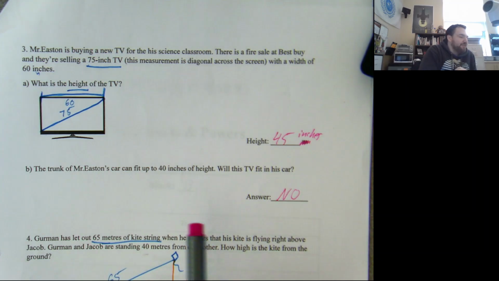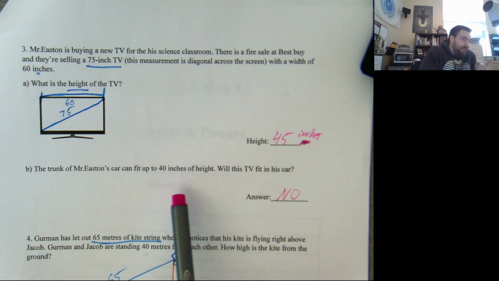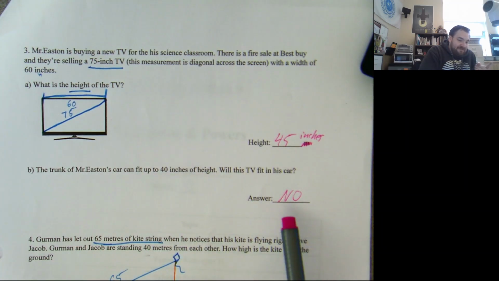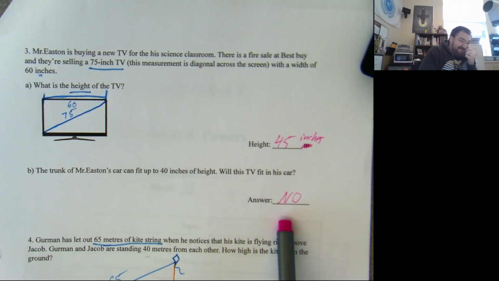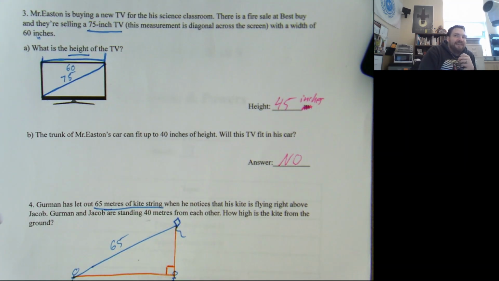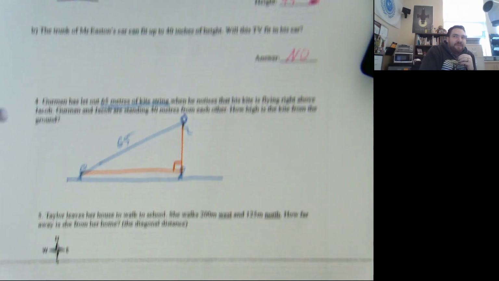But in my imaginary math world, where he can only fit a 40-inch TV in his car, the answer is no. But Mr. Easton has since got a new car. He could totally do it, actually.